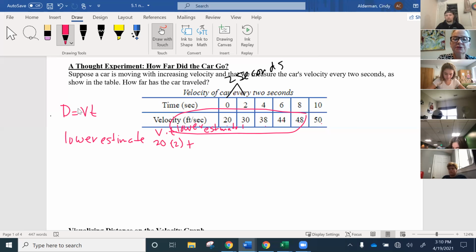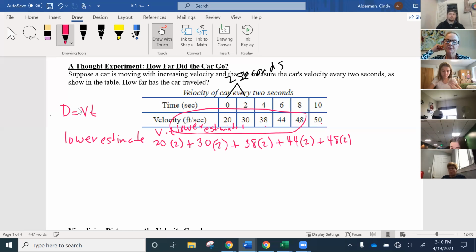We can say, all right, we'll use the next value for velocity and say it went 30 feet per second for 2 seconds. Then it went 38 feet per second for 2 seconds, and so on, right? Plus 44 for 2 seconds, plus 48 for 2 seconds.